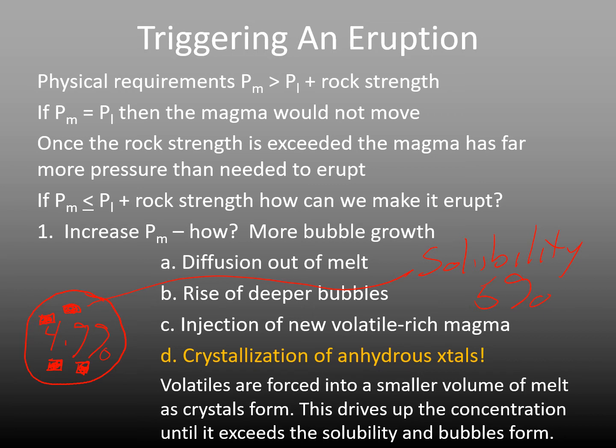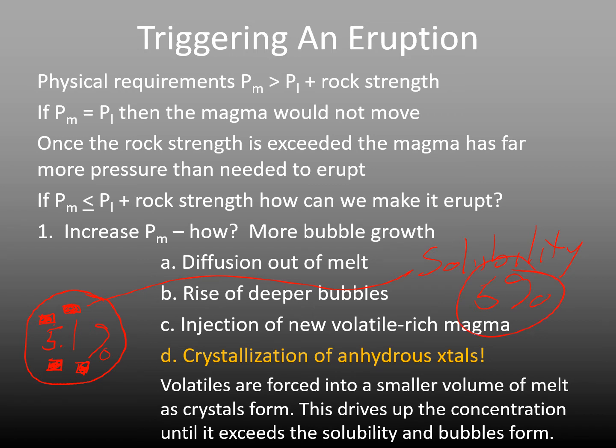You've grown some solid crystals, so the amount of melt is less. But all the volatiles are still there. So what does that do to the percentage of volatiles in the melt? It raises the ratio. So now, rather than 4.9, you might have, let's say, 5.1. You haven't changed any of the volatiles, you've just lessened the amount of melt.